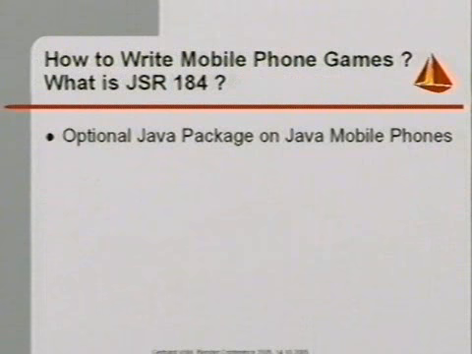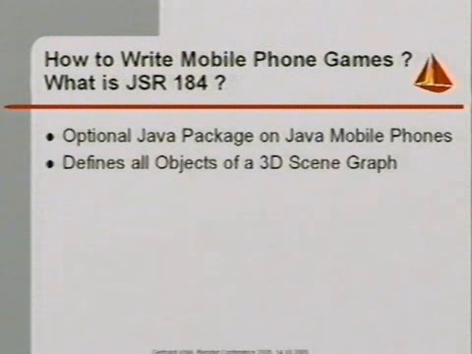And if a mobile phone supports it, it's always the same API. It defines a 3D graph, not only like OpenGL, that you have the basic elements. No, you have a real 3D graph. And it is based on OpenGL, so if you know something about OpenGL, you can use it.